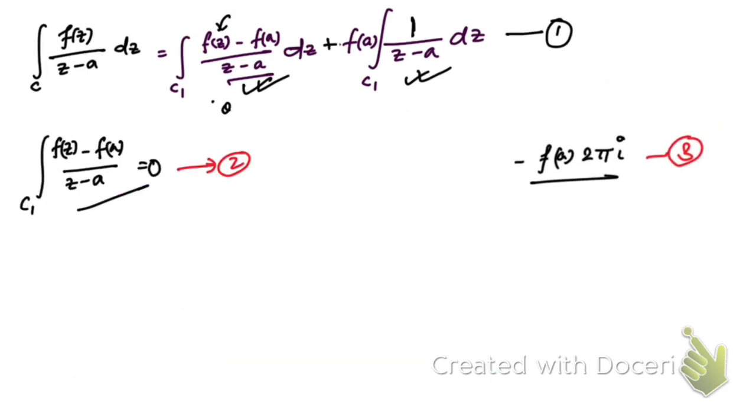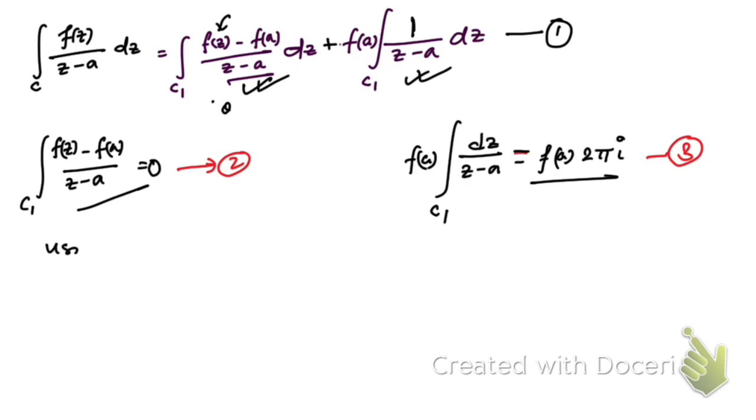This is nothing but the value of the integral along c1 of f of a times 1 by z minus a dz, that is, dz by z minus a, and this is equal to this.